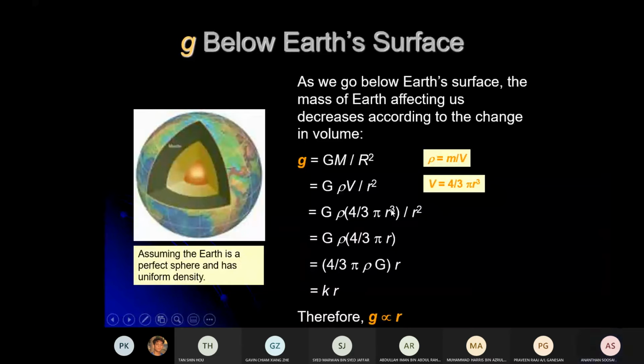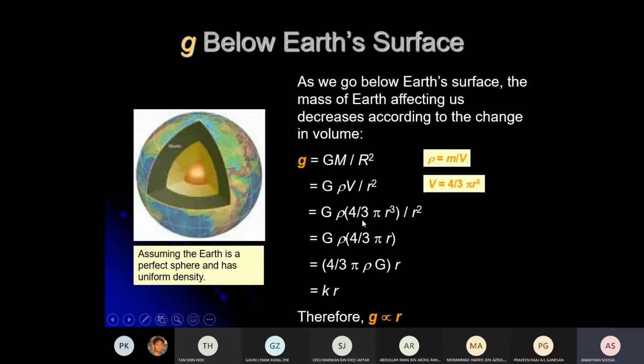What is the assumption we made for this conclusion? Anyone? G proportional to R is correct with one assumption. What is the assumption? The assumption is the Earth is a perfect sphere and has a uniform density. These are the two assumptions. If it's not a perfect sphere, you can't substitute 4 over 3 pi R cubed, because we assume it as a sphere.